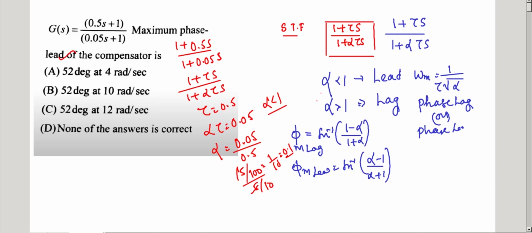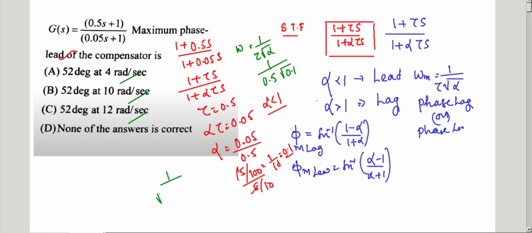Lead compensator. Okay, the frequency omega in radians per second is 1 by time constant root alpha. What is the time constant? 0.5. What is alpha? Alpha equals 0.1.